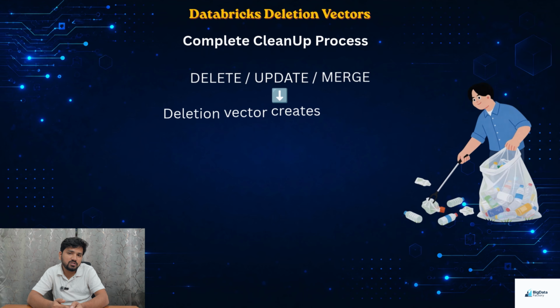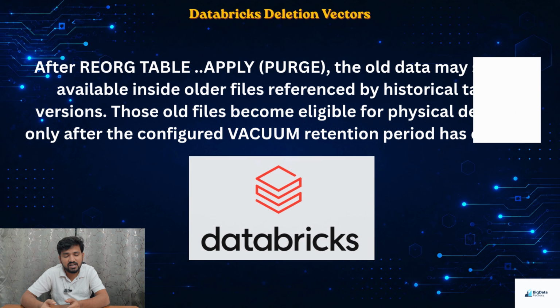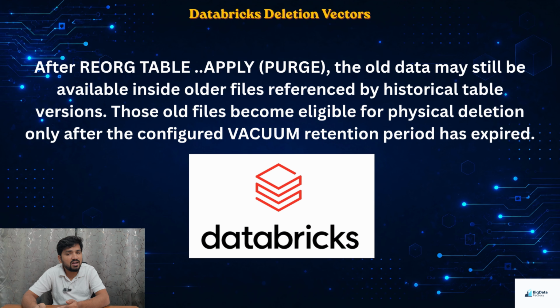The complete cleanup process is: the deletion vector creates a soft delete, REORG TABLE APPLY PURGE rewrites current files, and at the end, VACUUM removes expired old files. Databricks notes that after REORG TABLE APPLY PURGE, the old data may still be available inside older files referenced by historical table versions. Those old files become eligible for physical deletion only after the configured vacuum retention period has expired.